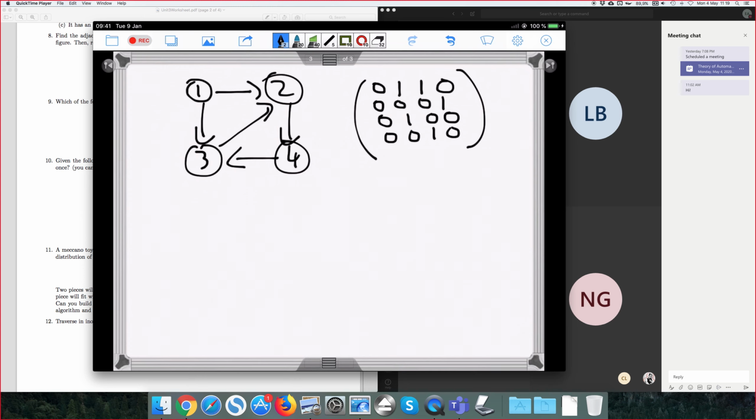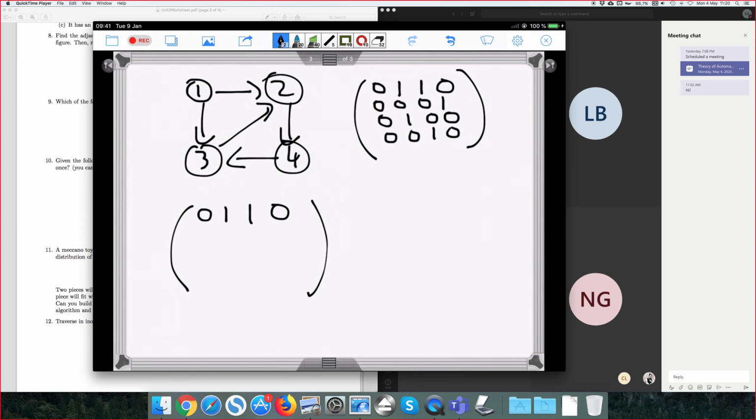Okay, if the graph were not directed, then we would have a similar matrix, but the matrix would be symmetric. So we would have from 1 to 2 and 3, from 2 to all the places that are connected with it, because now we don't consider the direction of the arrows.